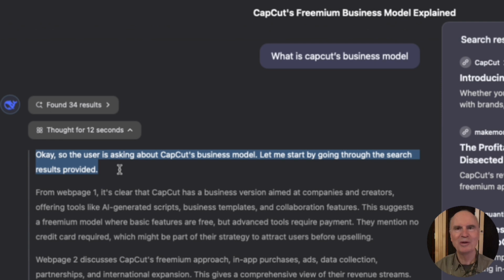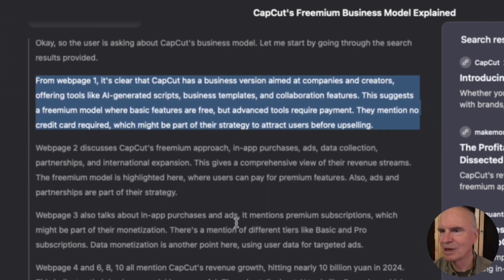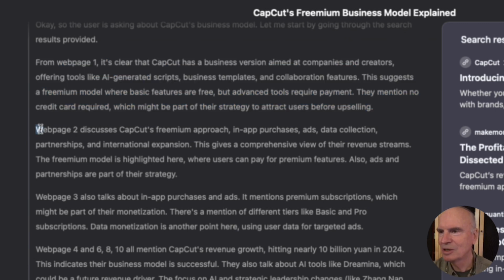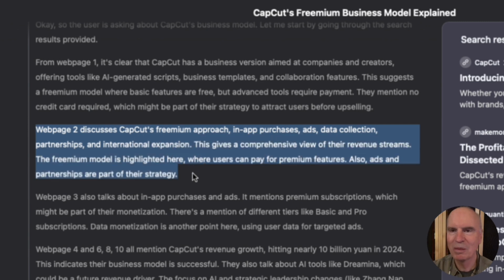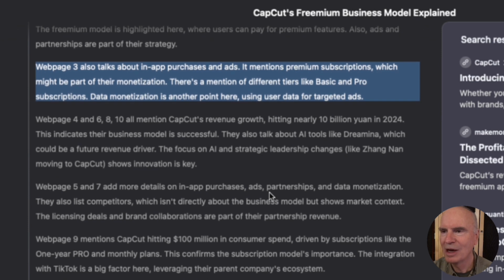Okay, the user is asking about CapCut's business model. Let me start by going to the search results provided. And then from web page 1, they're looking at the version aimed at companies and creators and another version for businesses. And web page 2 talks about the freemium approach, and it goes through one page after another.